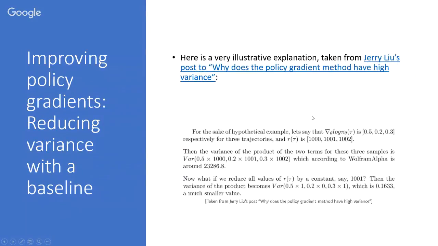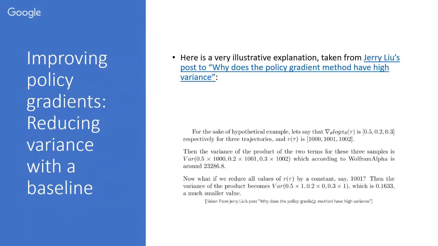Here is a very illustrative explanation taken from Jeremy Lowe. For the sake of a hypothetical example, let's say the log of the policy is 0.5, 0.2, and 0.3 respectively for 3 trajectories, and the rewards are 1,000, 1,001, 1,002. Then the variance of the product of the two terms for these 3 samples, 0.5 times 1,000, 0.2 times 1,001, and 0.3 times 1,002, is around 23286.8 according to Wolfram Alpha.